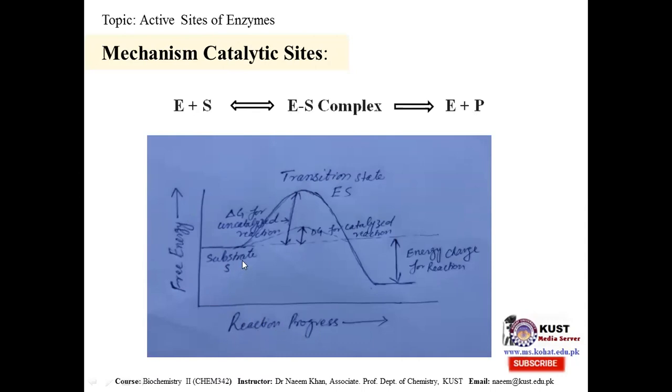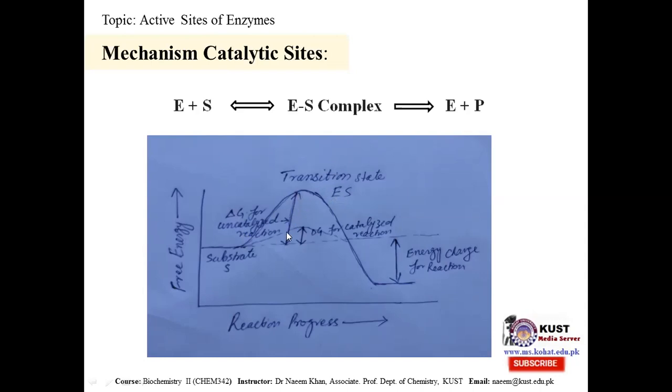This is the substrate energy, and when it changes to product, its energy decreases. We know that the product energy is always less than the substrate, and this is the free energy change for the reaction. Now, in the case of the uncatalyzed reaction, the free energy change to reach the transition state is this one.